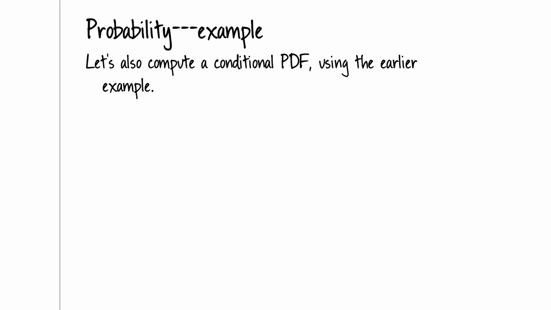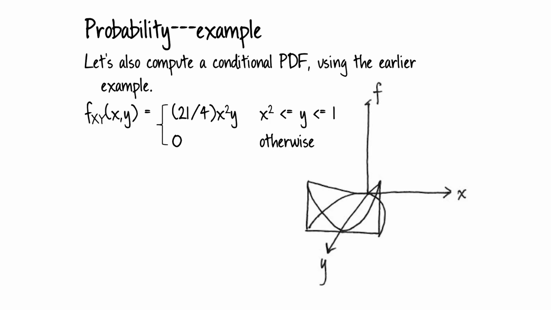Let's also compute a conditional PDF. That was a discrete example. Let's do a continuous example now, and we'll return to the earlier example we had in this lecture.